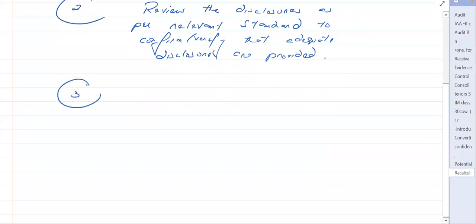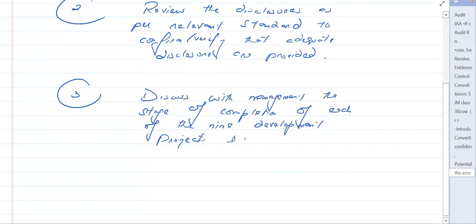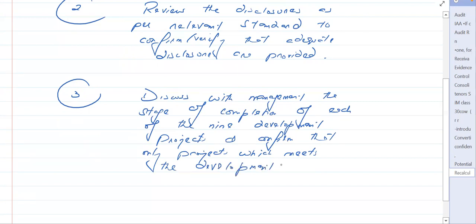Now going towards the third one, which I told you: again, discuss with management the stage of completion of each of the 9 development projects and confirm that only projects which meet the development criteria are capitalized.